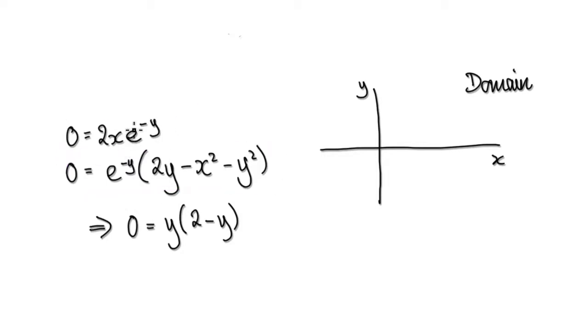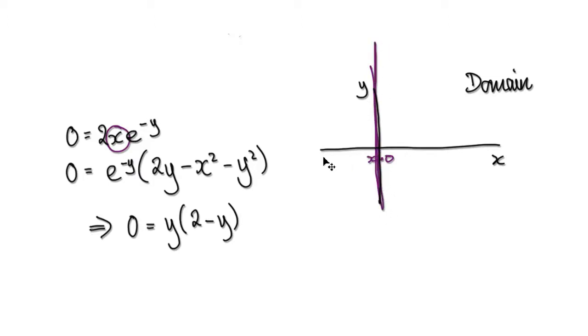This thing here can never be 0 or below 0. So for this whole thing to be 0, it must mean that x must be 0. So x equals 0 is anywhere along here.